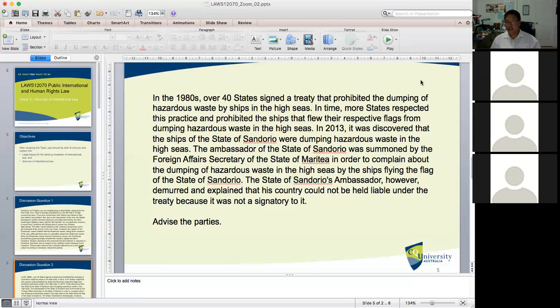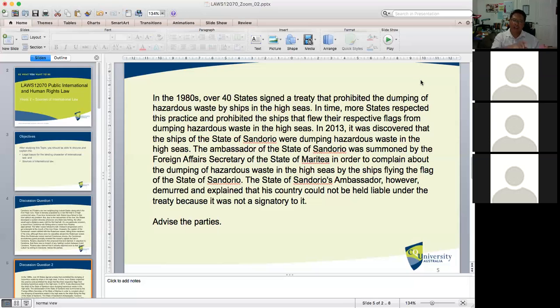Because the basic question is, can there be a way for the state of Sandorio to be bound by international law, even if it were not a party to the treaty? That is the bigger, broader question. Okay. So if you follow the treaty, we say that it cannot be bound by a treaty because it is not a party to it. The question, though, is, could international customary law have arisen or have developed, which would then bind the state of Sandorio, even if it were not a party to the treaty?